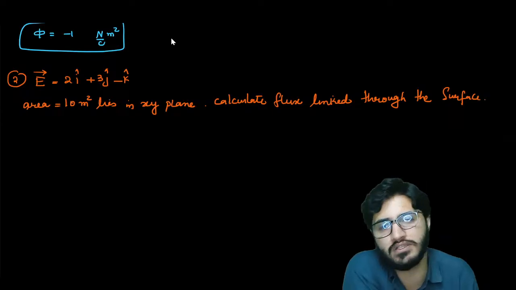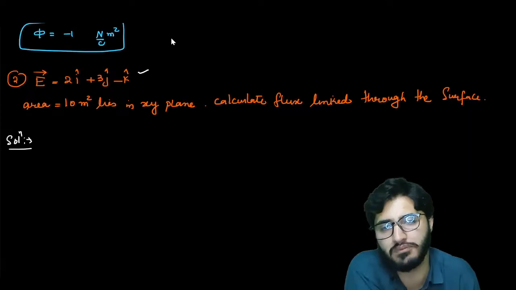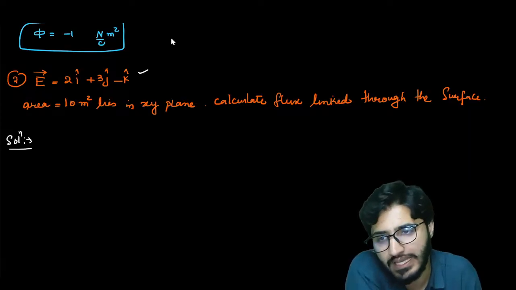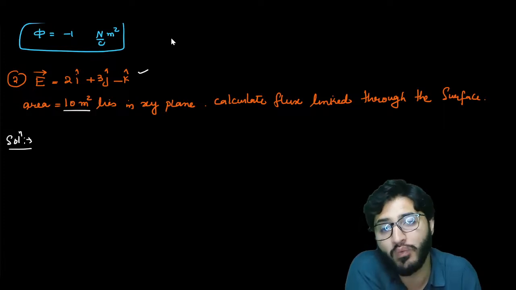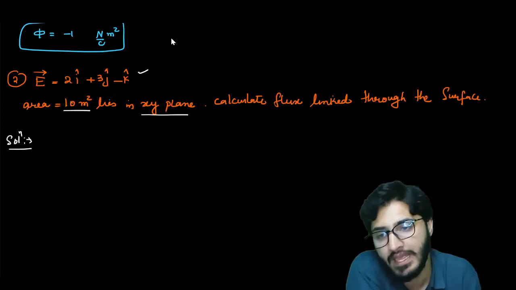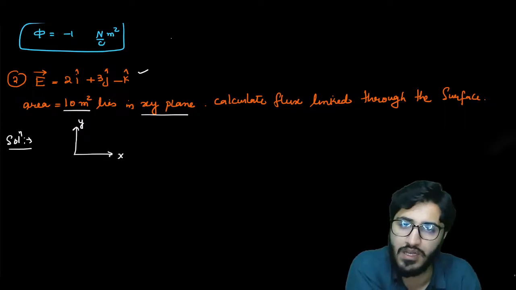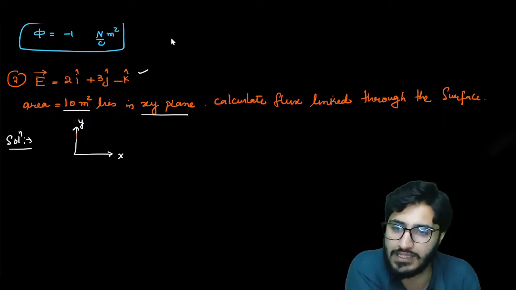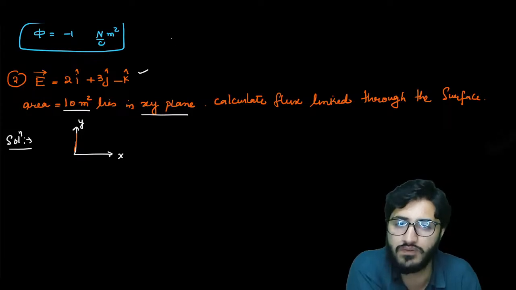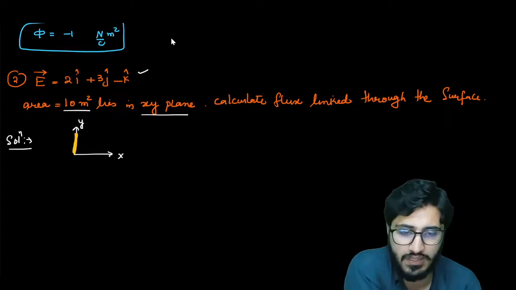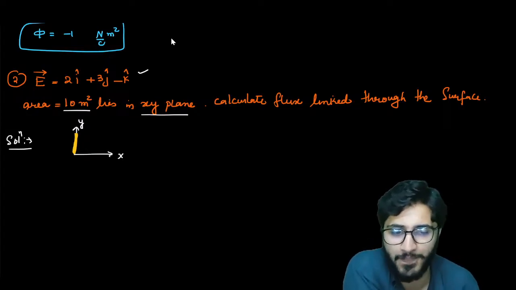Look, from this data what do we conclude? Electric field is given to us, but what about the area? Area is 10 meter square. Sir, the magnitude is given, but what about direction? It is the XY plane. XY plane means, look, this is my X, this is my Y, this is my XY plane, and my area is lying in this way.